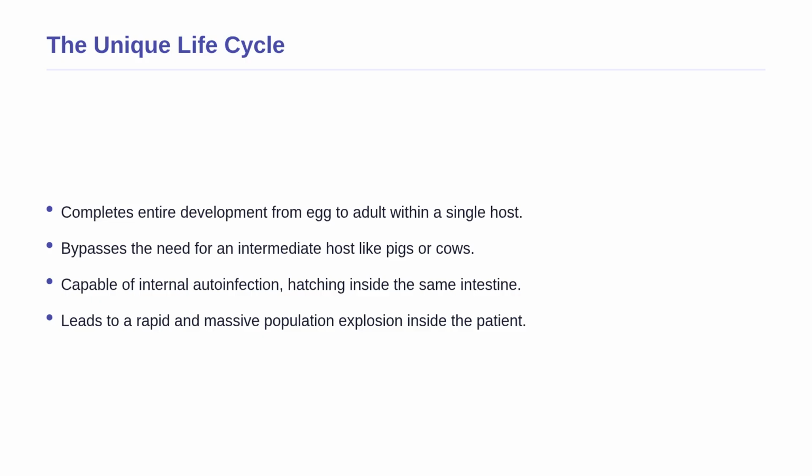This tapeworm completely bypasses that need. Furthermore, it can undergo internal autoinfection, meaning the eggs hatch inside the same intestine without ever leaving the body. This direct cycle allows the parasite population to explode rapidly, turning a single swallowed egg into a massive colony.